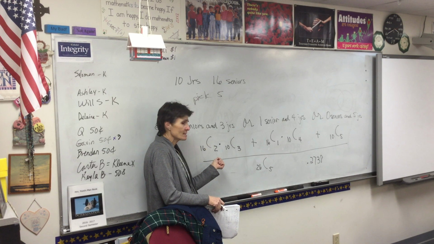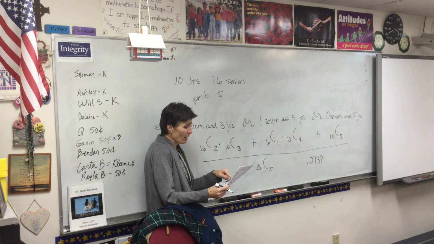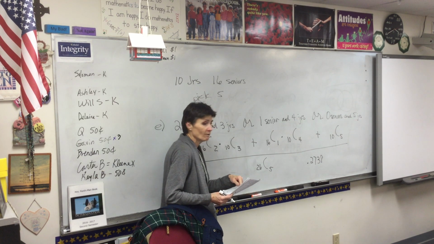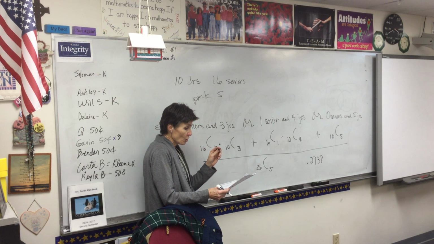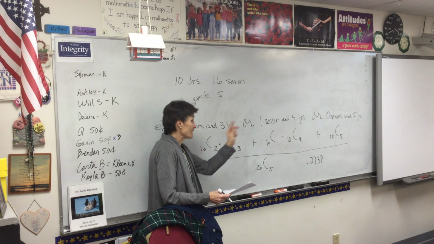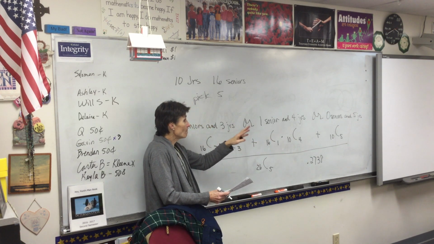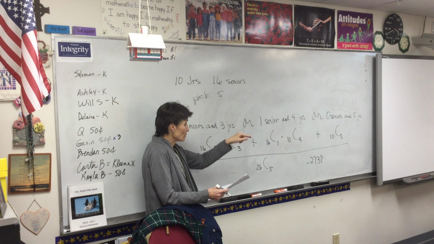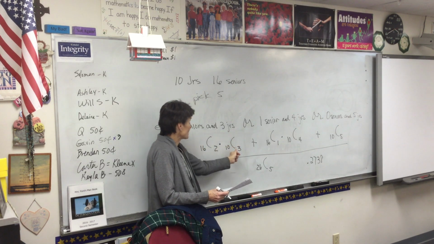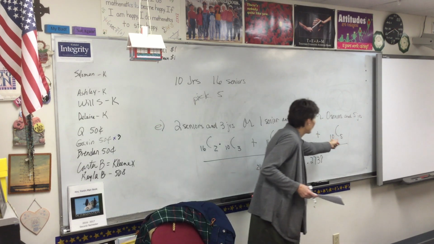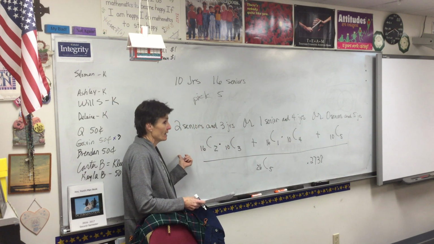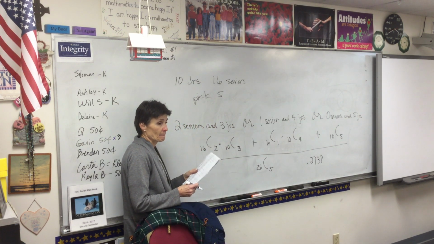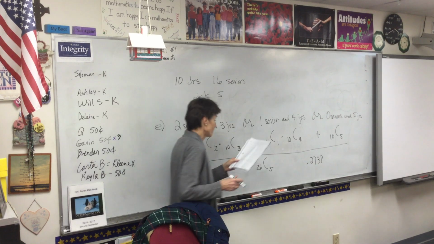Yeah, so problem F is simply a rewording of problem E. Because if you're picking 5 and you want more juniors, then you have to have 3, 4, or 5 juniors. And that's what I just did. So problem F is right here. Done. E and F are the same.